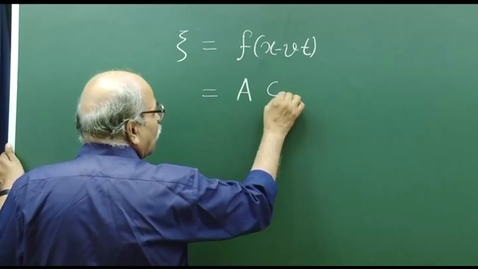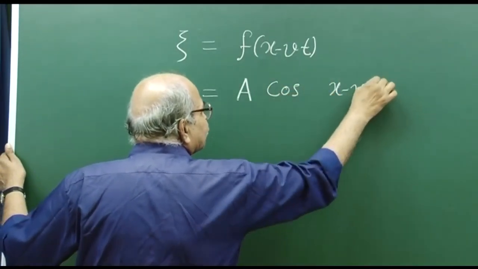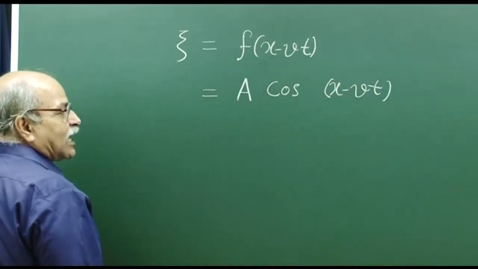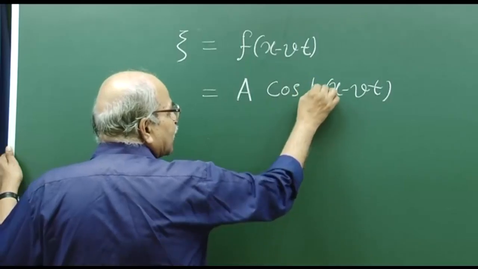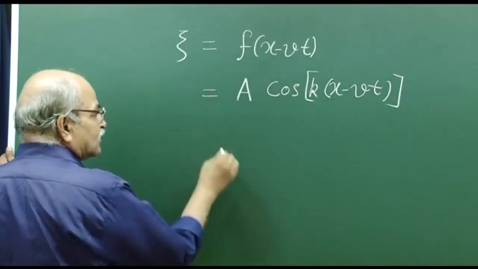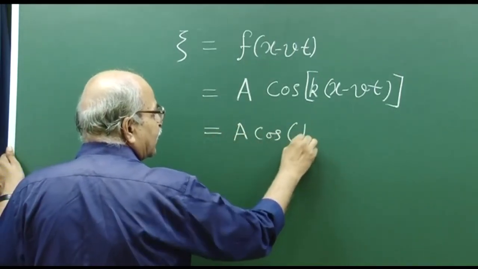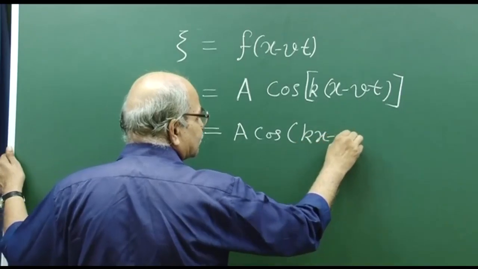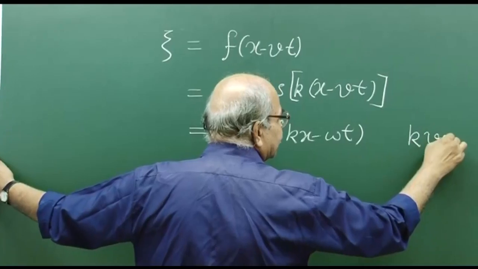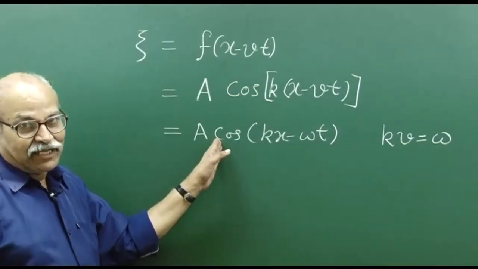So it's, let's say, cos of x minus vt, and dimensionally the argument of cos should be dimensionless. So you should have some multiplying factor here. It's like this, which you can also write as cos of kx minus omega t, where k into v is omega. Now you are familiar with this.